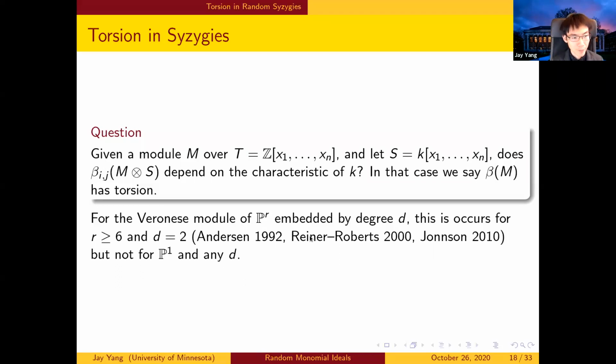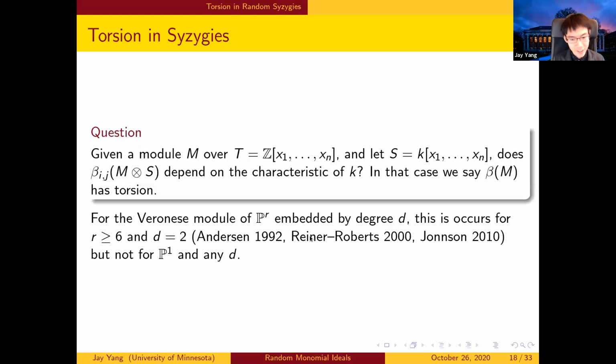For instance, the Veronese module of P^r embedded by degree d: if r is greater than 6 and d equals 2, via a collection of papers, we actually know quite a bit about those cases. We know many characteristics and many primes over which the torsion, over which the Betti table would be different in that characteristic.